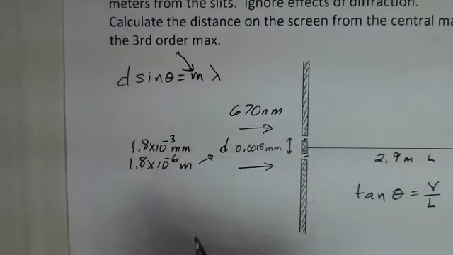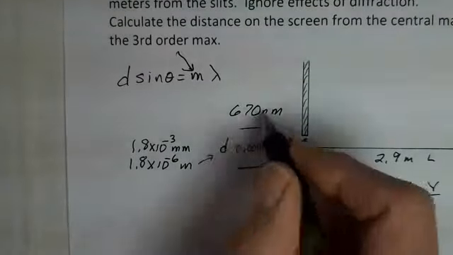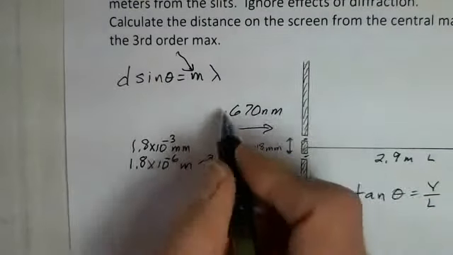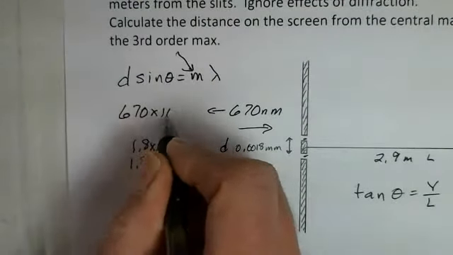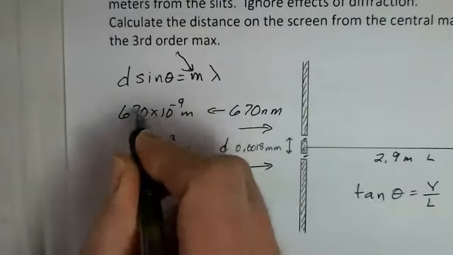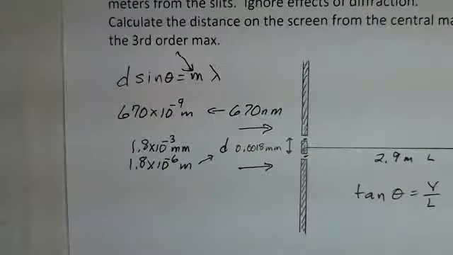That's our value for d. The wavelength, 670 nanometers, I'm going to keep the 670 times 10 to the minus 9 meters. Nano is 10 to the minus 9. So now we have the same units for d and for the wavelength, and we can legally do our calculation with the division that will have to take place, m lambda divided by d.